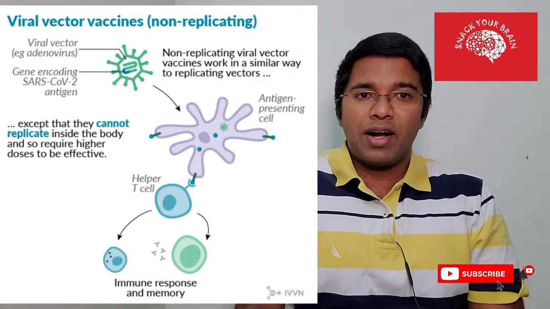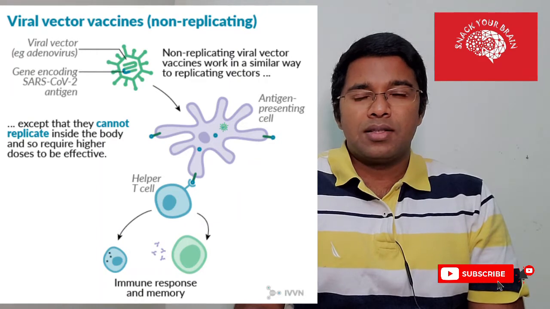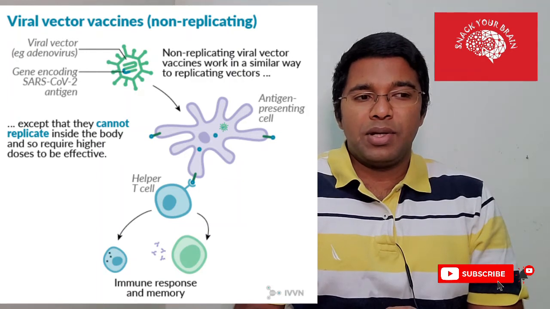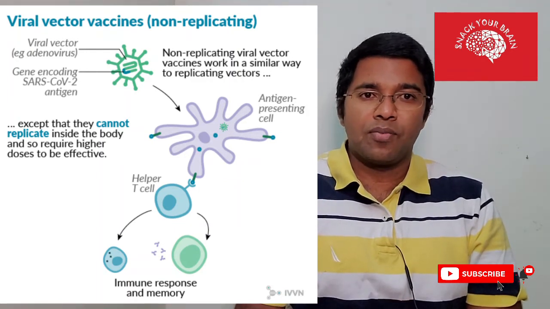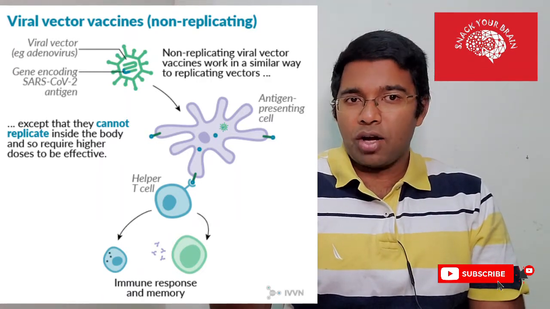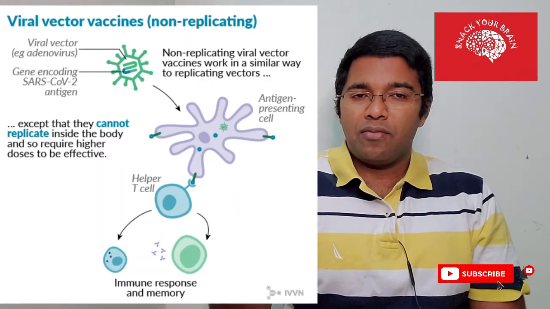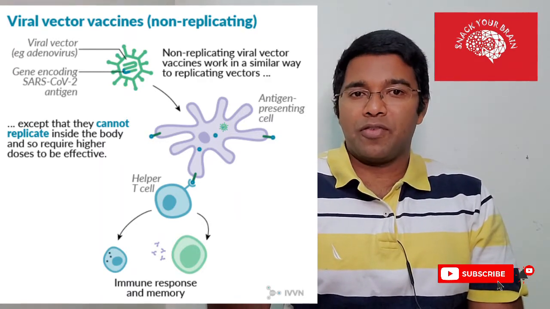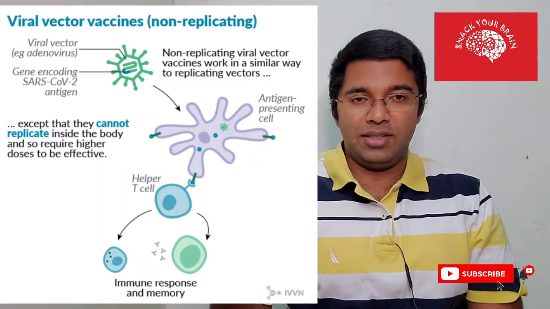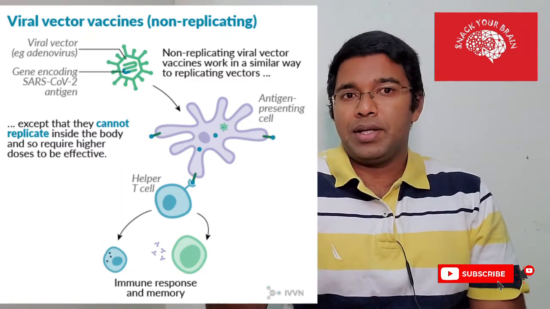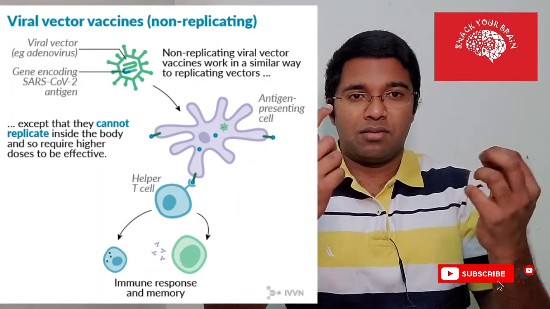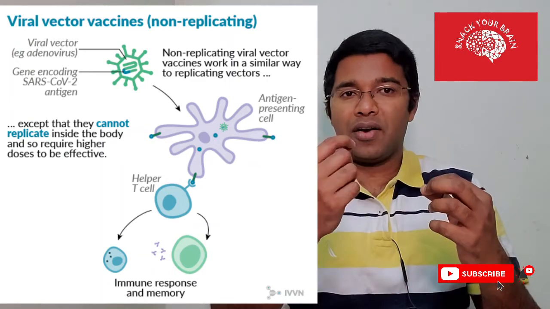The third one is viral vector based vaccines. This is one of the latest developments of genetic engineering, and it has been available for the past 30-ish years now. Here the exact toxin or protein from the virus which creates the disease, say for example the COVID virus creates a toxin which causes COVID disease, is isolated and transferred into another virus which is a good virus, or not a harmful virus.